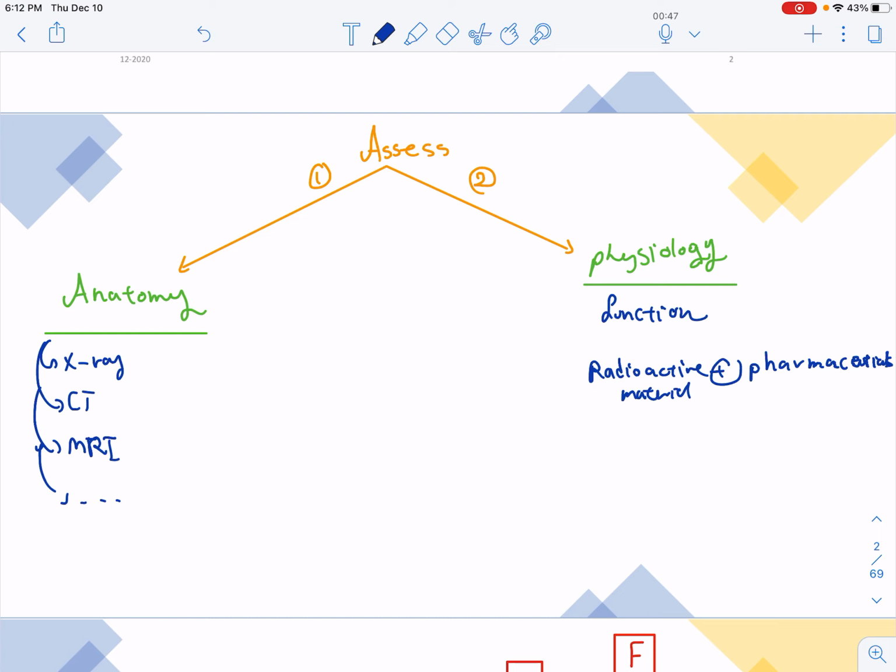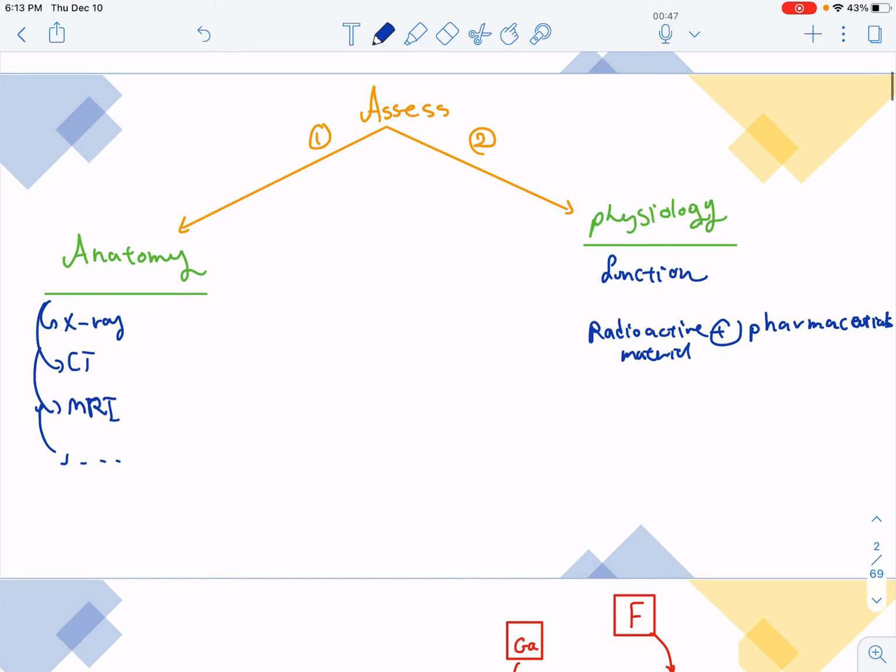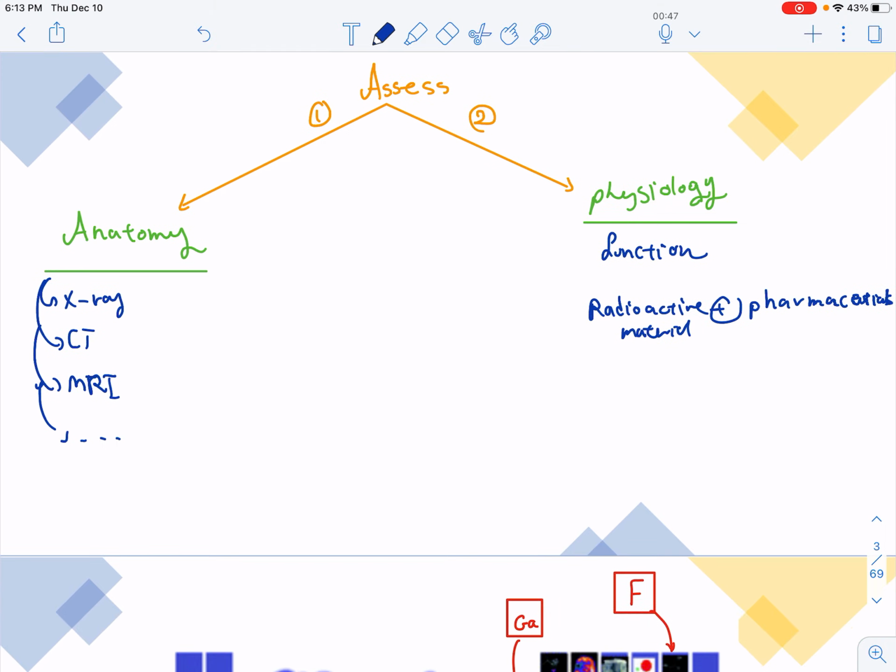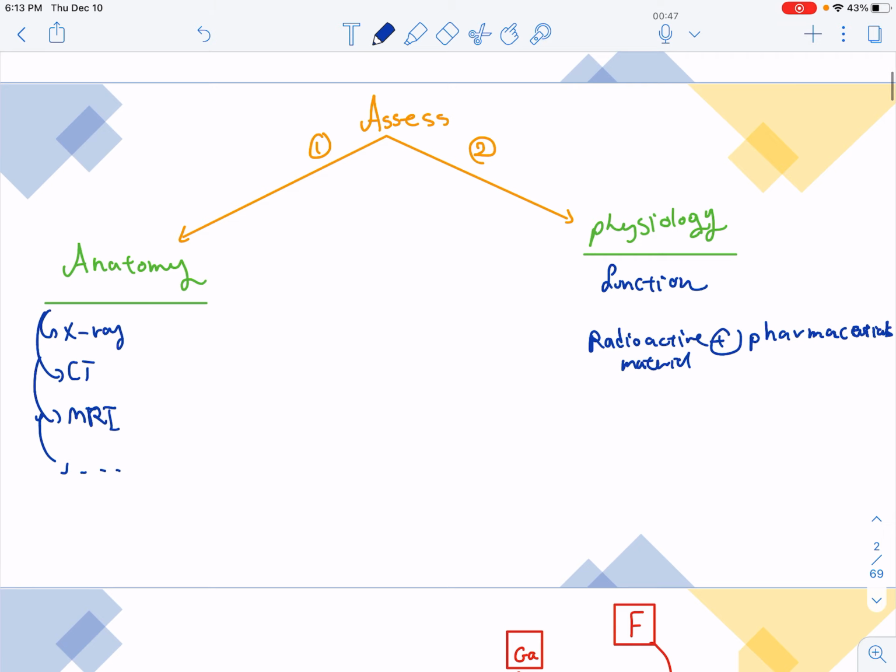The whole idea of using radioactive material is to have radiation that enters the body, and then a specialized camera picks it up and produces an image. You can apply this idea to all the next procedures in any block or even in your practice.